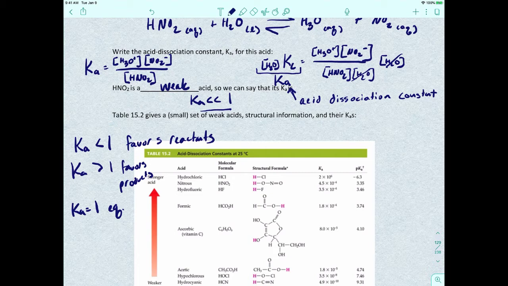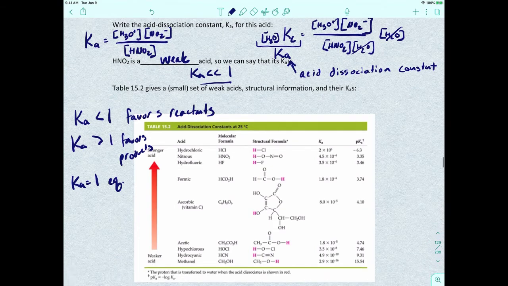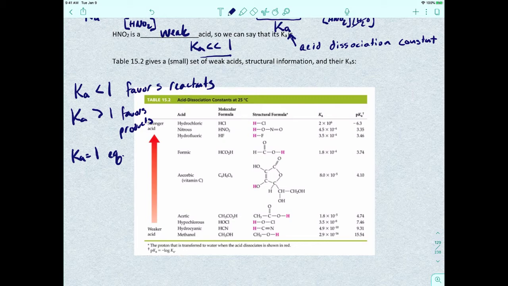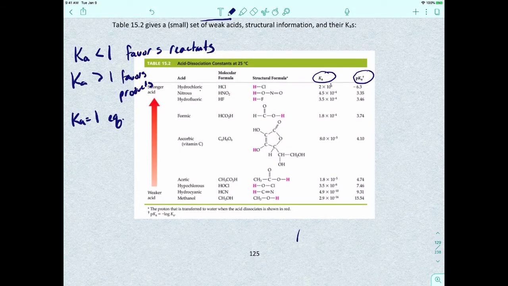It's also a good rule of thumb to keep in mind when we're talking about equilibrium constants back in the last chapter. What we're looking at here, this table, we saw a similar table a couple videos ago. It shows us the acid, and also what's important for us right now, the Ka. There's also an expression where we can find something called pKa, the negative log of the acid dissociation constant.